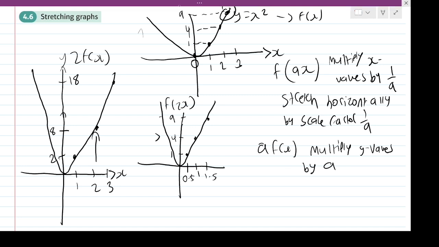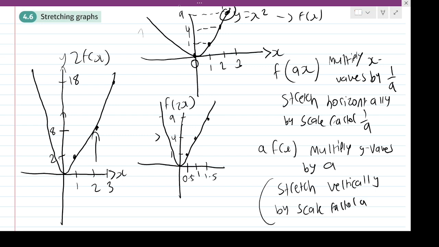So you do exactly what you expect in that case, because it's outside the bracket, remember. Cool, and therefore we can also say formally this is a stretch vertically, because vertically is in the y direction, and that's by scale factor a, so that's the language we use. So again, that's a fancy way of saying we multiply the y coordinates, or go upwards by y, by multiplying by a, essentially. But we'll have a look at that in more detail as we go on.